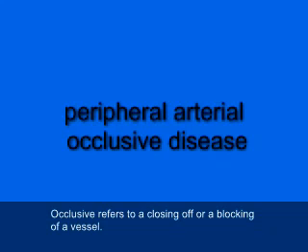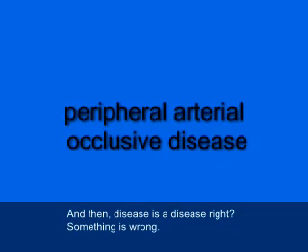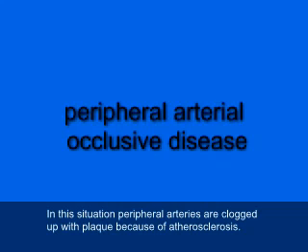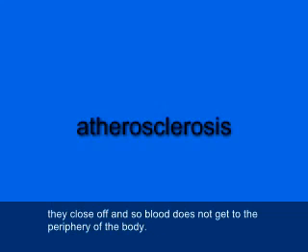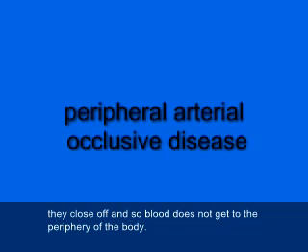Occlusive refers to a closing off or a blocking of a vessel. And then disease is a disease, right? Something's wrong. In this situation, peripheral arteries are clogged up with plaque because of atherosclerosis. And because the peripheral arteries are clogged up with plaque, they close off, and so blood does not get to the periphery of the body.